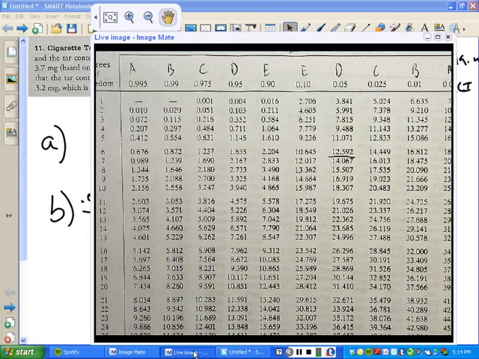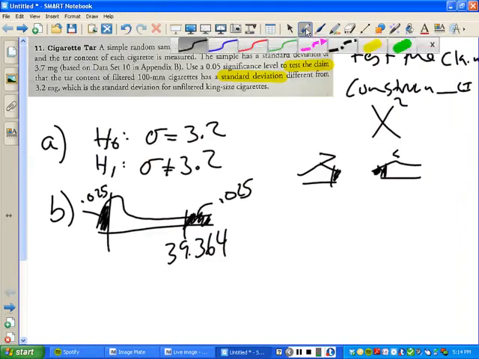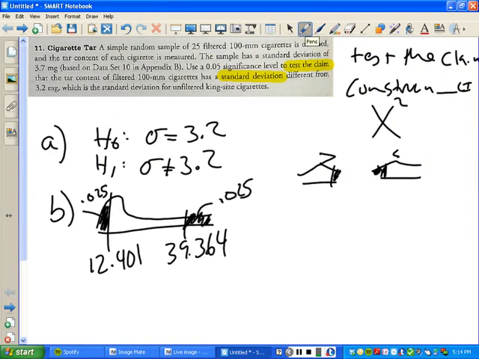On the left side, 12.401. Okay. Now remember on chi-square, where is 0 at? 0 is on the left side, yes?